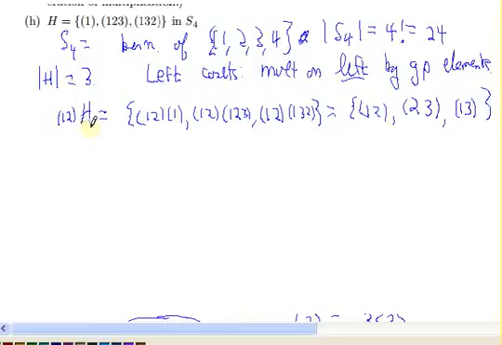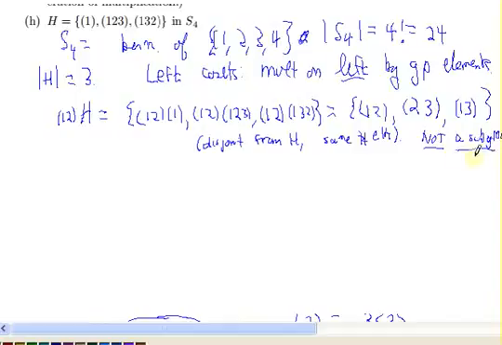Notice that this is a set which is disjoint from H and has the same number of elements. Now notice also, often I find that students make this mistake: this is not a subgroup. Cosets in general are not subgroups.